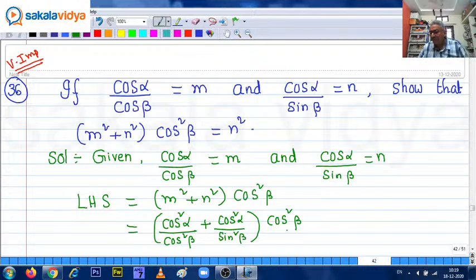Am I correct? Did all of you follow this step? Cos square alpha by cos square beta plus cos square alpha by sin square beta times cos square beta.